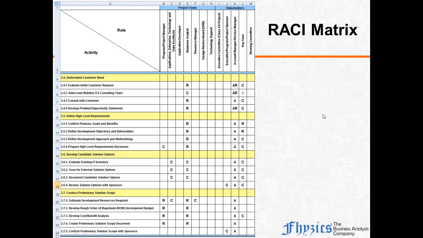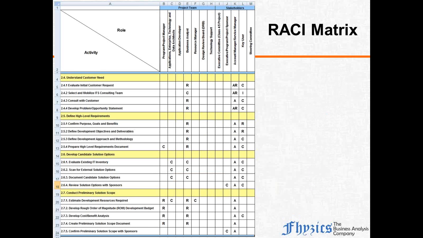One of the things that sometimes surprised us: for a given process or a given activity, there is only one accountable. You should not have more than one accountable. If we have more than one accountable in an activity or in a process, that means something is wrong.